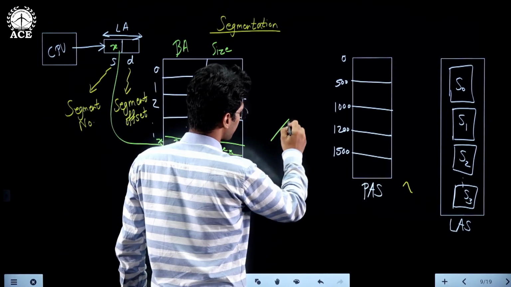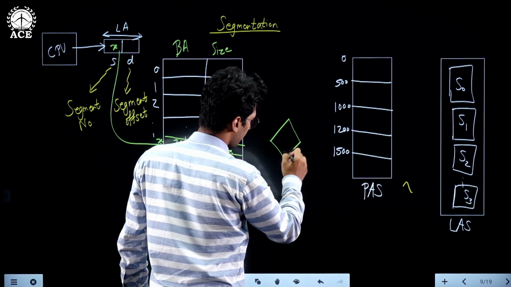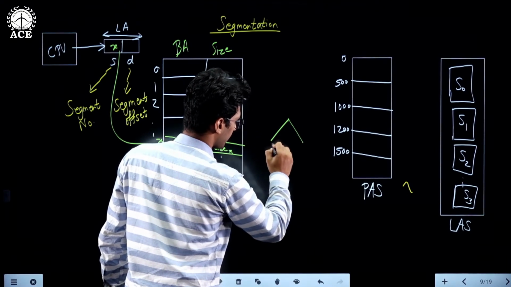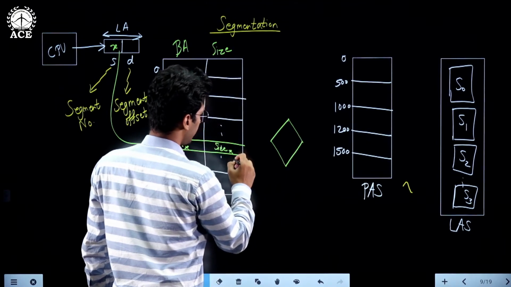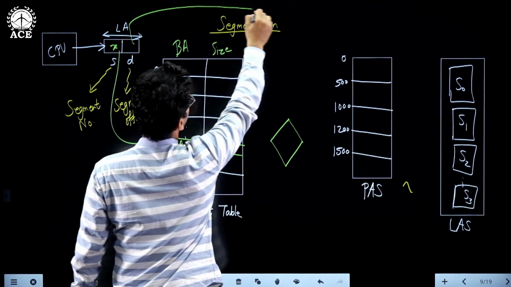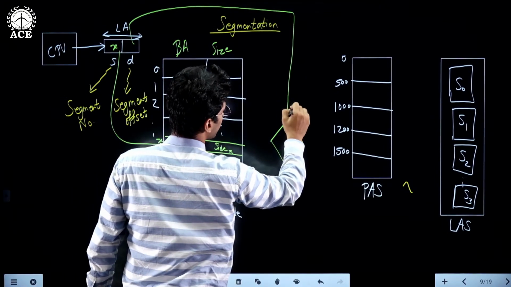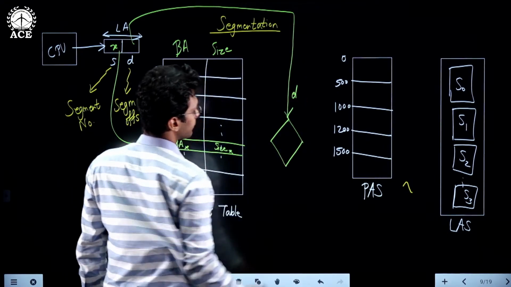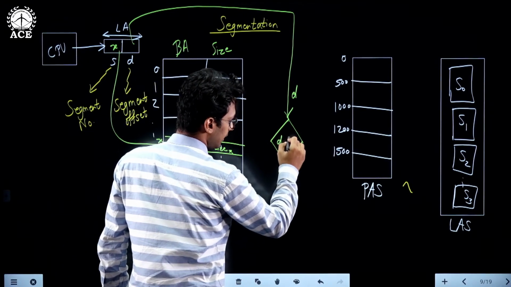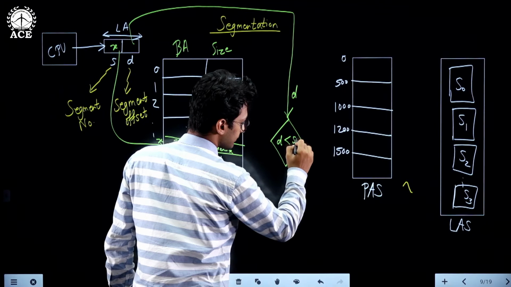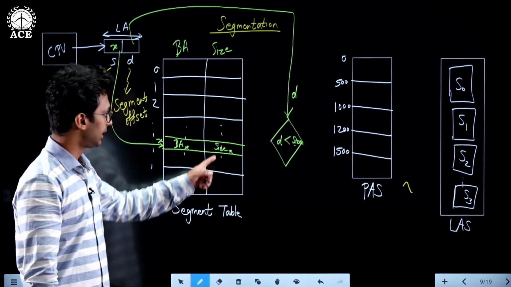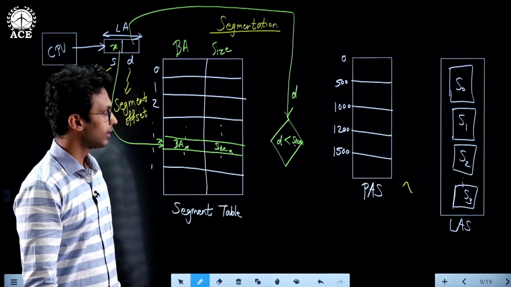Observe here, what will happen? We will check; we'll get D from here. If D is less than the size of the segment, what will happen?